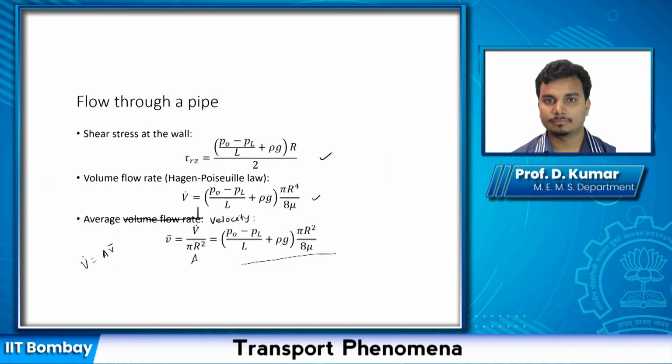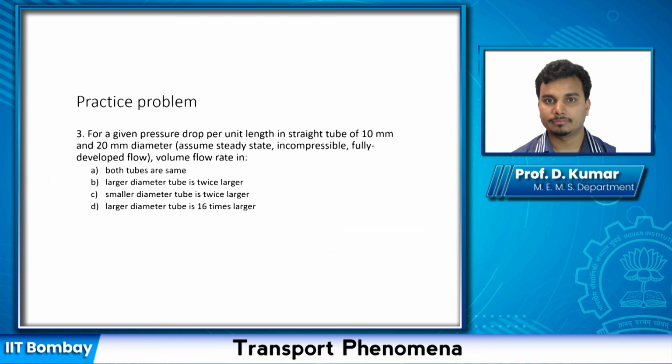So based on the volume flow rate equation here, what can you say if your (P0 minus PL) by L is fixed, and you have different sizes of tube, 10 mm versus 20 mm? If you increase the diameter, if you take larger tubes, should you get more flow rate or smaller flow rate? Just think and answer this.